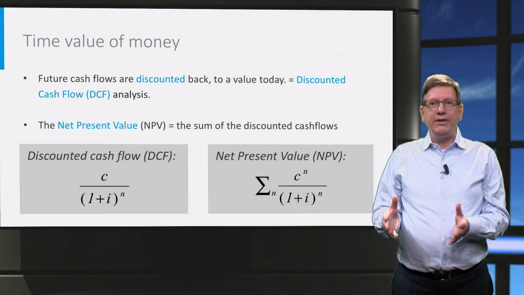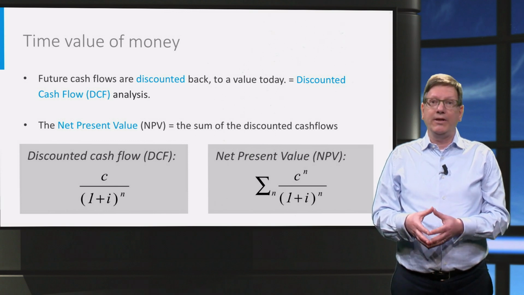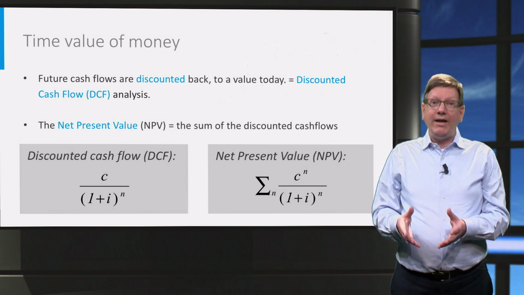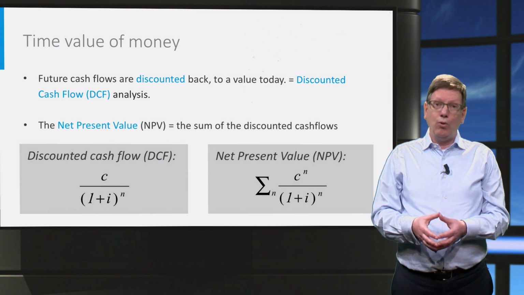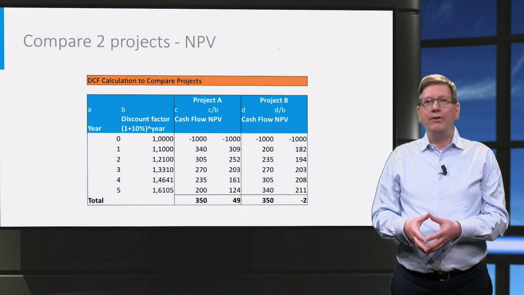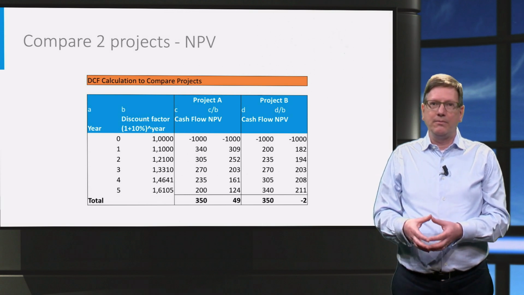Then we can add all these discounted cash flows up and get the net present value of our investment, or its NPV. A higher NPV suggests a more attractive investment. Now let's look at our two projects again, and let's factor in the time value of money.